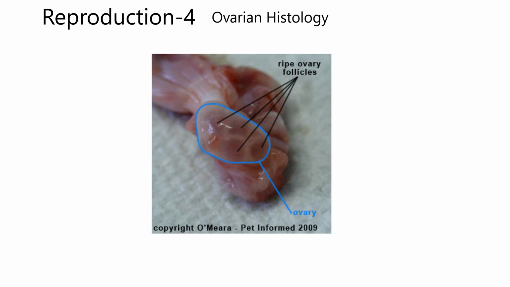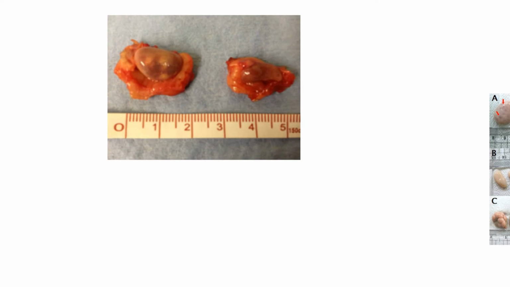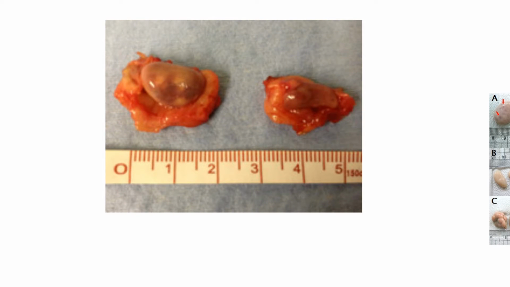And the dog would be very similar, and a dog has a little bit bigger ovaries because of the body size difference. Again, I want to show you a couple of dog ovaries, and I just want to remind you of size before we actually look at the histology.